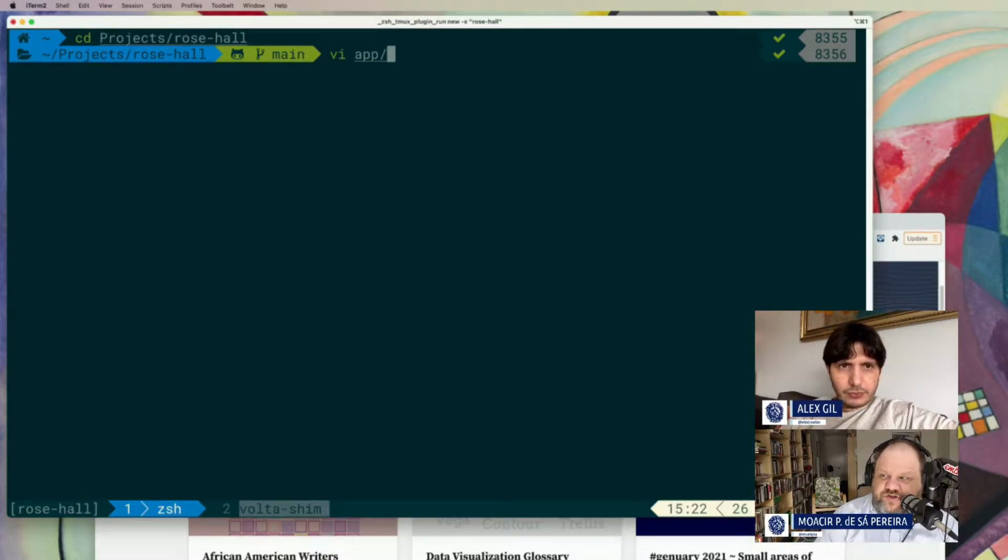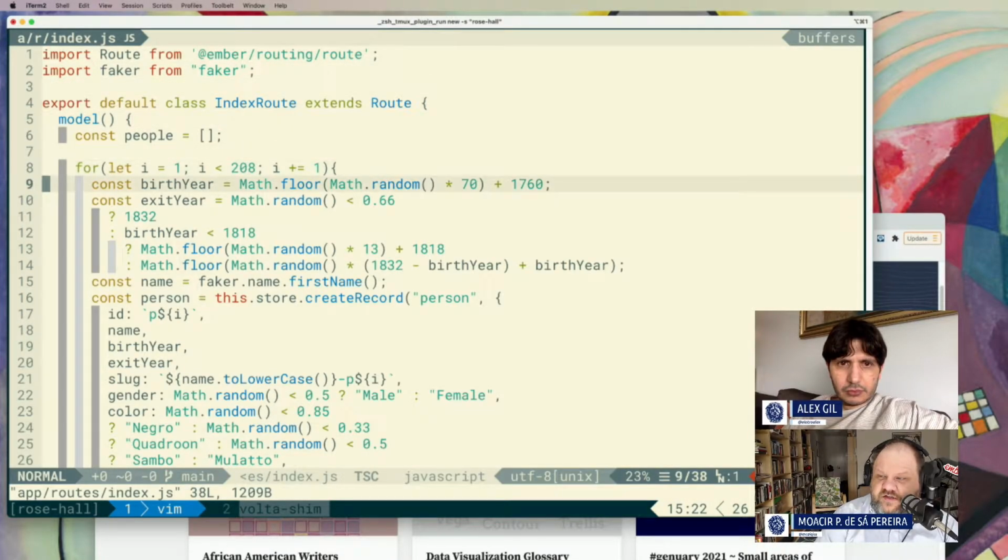So let's go to VI. Where does the data load? In the routes. In the index? Yes, here's the data.